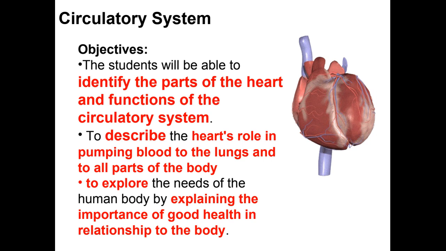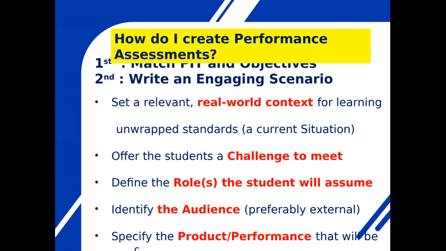My students will explain the importance, and I have to see that. And you notice when I ask them to come up with a brochure, all these things are in that brochure. And I can see that they can identify the parts. They'll also explain the function. They're also going to describe the heart's role, but I place a context. You notice? Okay. All right.